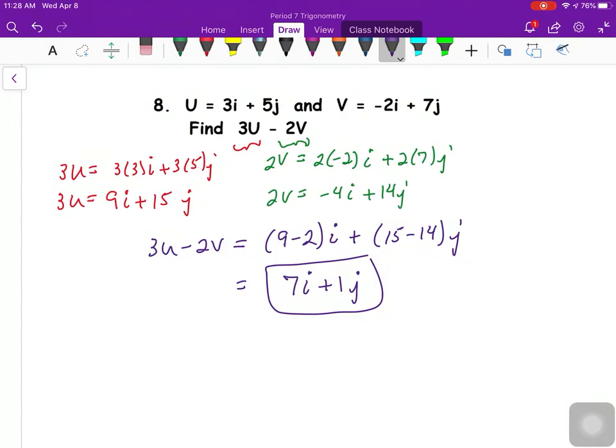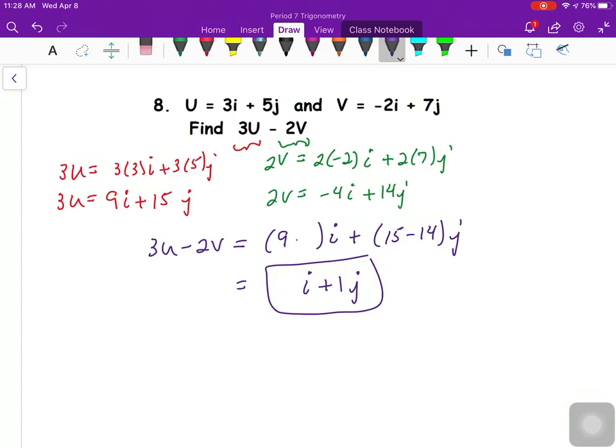So I get 7i plus 1j. So it's best to do it in parts. 3 times the u, 9i plus 15j. 2 times the v, negative 4i and 14j.